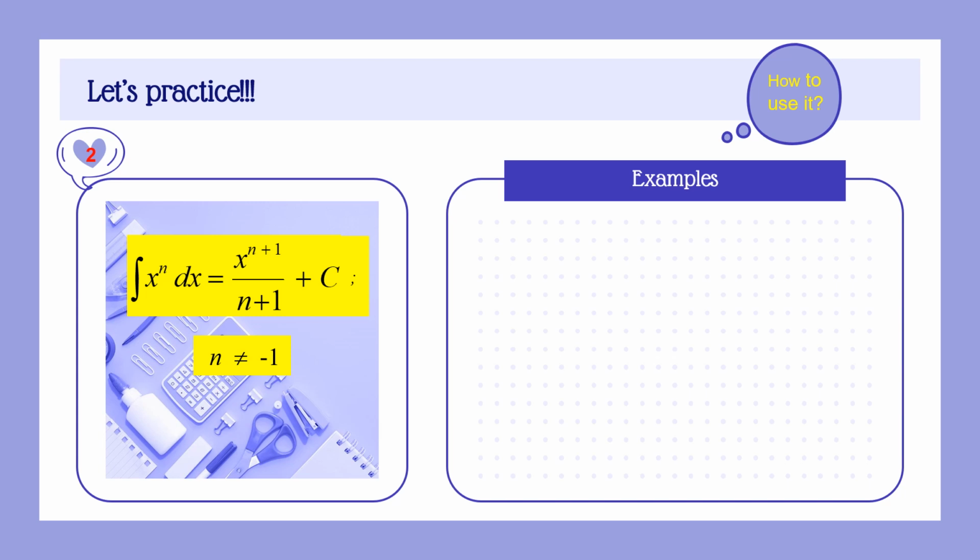So let's say we have integrate x to the power of 3 dx. Following this rule, we get x to the power of 3 plus 1 over 3 plus 1, plus c, which gives x to the power of 4 over 4 plus c.